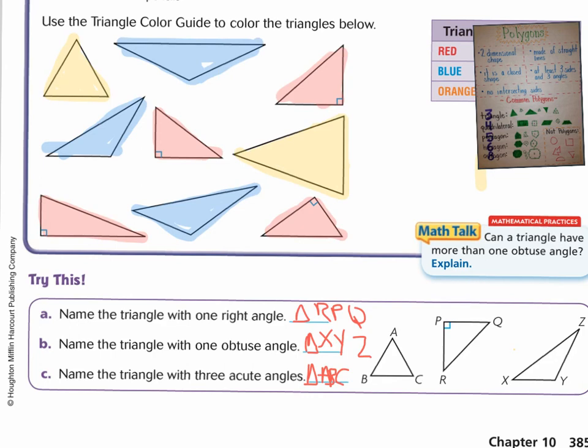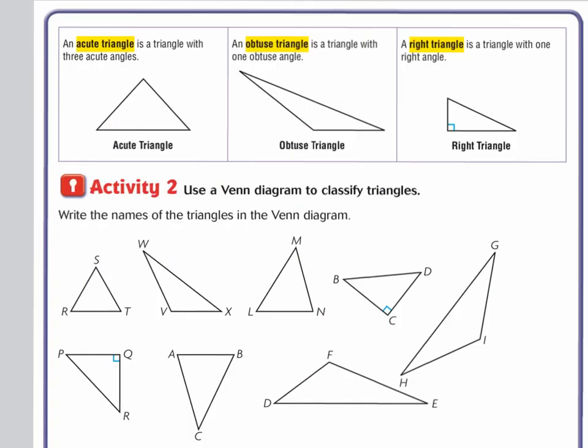Okay, let's go ahead and flip over to page 386. Okay guys, on page 386 along the top, it gives you a nice model of each of the 3 types of triangles. So an acute triangle, you can see it has the 3 acute angles. An obtuse triangle, 2 acute angles, and then the 1 obtuse angle.